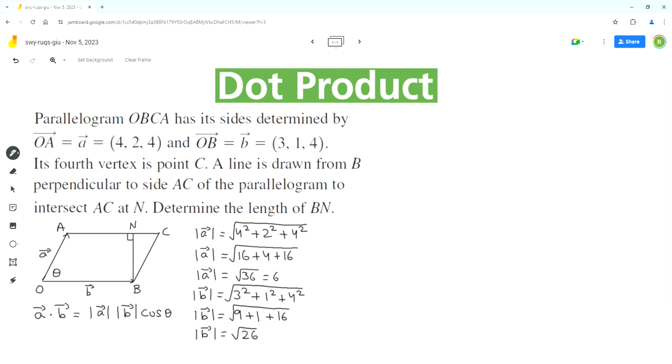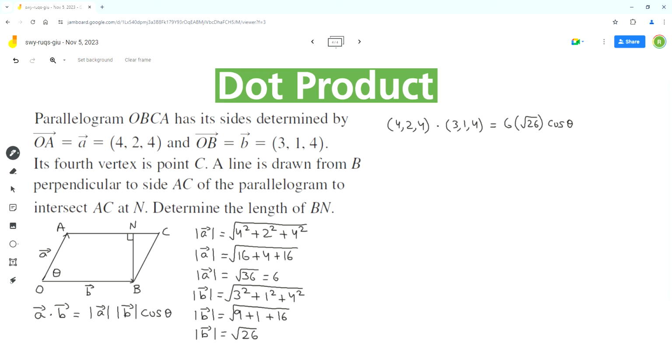Now we can use the dot product equation to find angle theta. So this is the equation. Now we can do the dot product on the left side.